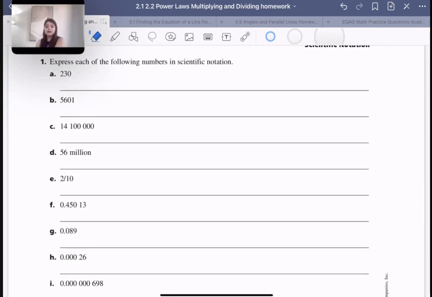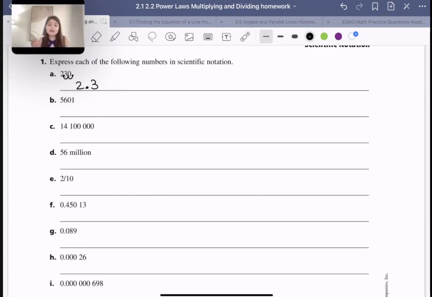Okay. So let's start with A. So keep in mind, I don't see any decimal for A at all. So I'm going to assume there's an invisible decimal right here. Now I need to get this number to the point where we only have one number to the left of the decimal. And I have a problem because I have three numbers to the left of my decimal. So that means I need to move the decimal 2 points over to get 2.3.